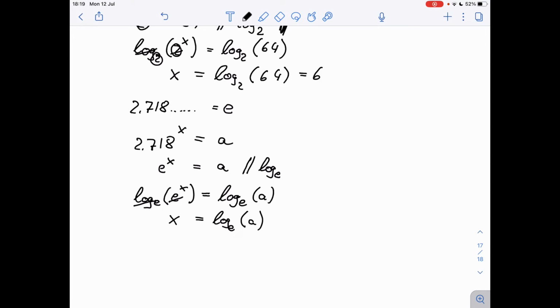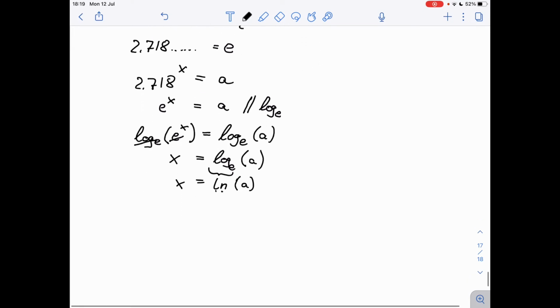Because people usually don't like writing letters as a subscript, and because it is so common, very often found in nature, it has its own symbol. It is ln, which stands for logarithmus naturalis, because it's so often in nature. So here we would write it as ln of a. x equals ln of a.